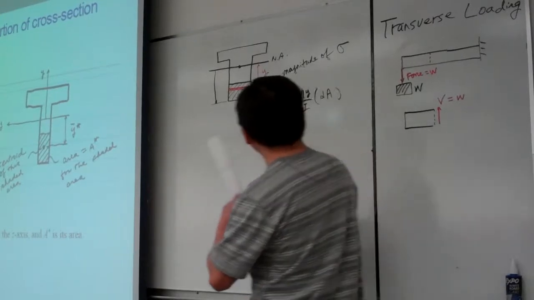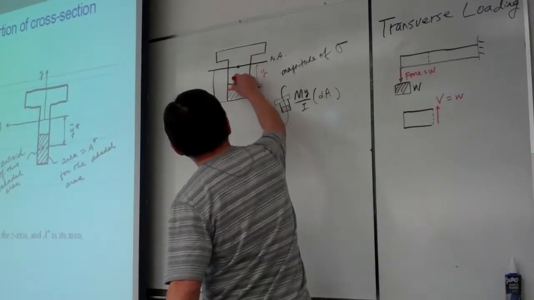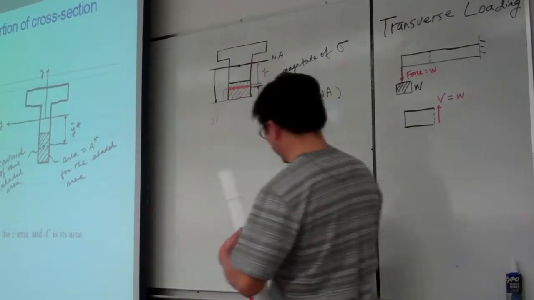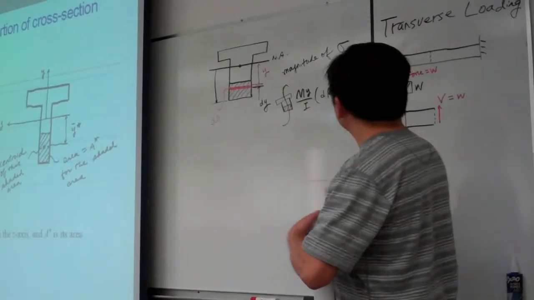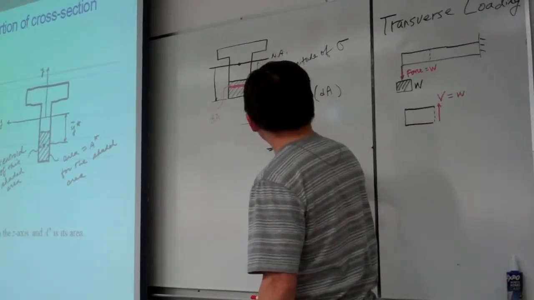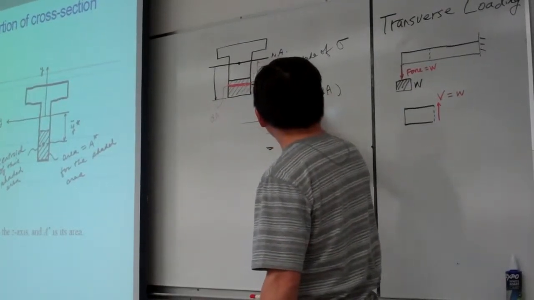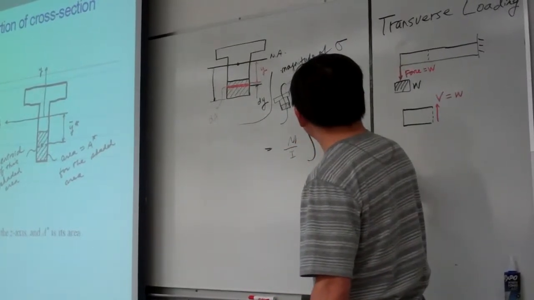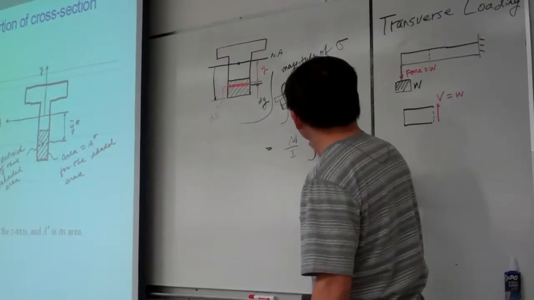So basically dA is this area. Then the integration will be equal to M over I, where M is a constant and I is a constant independent of y, times the integral of y dA.